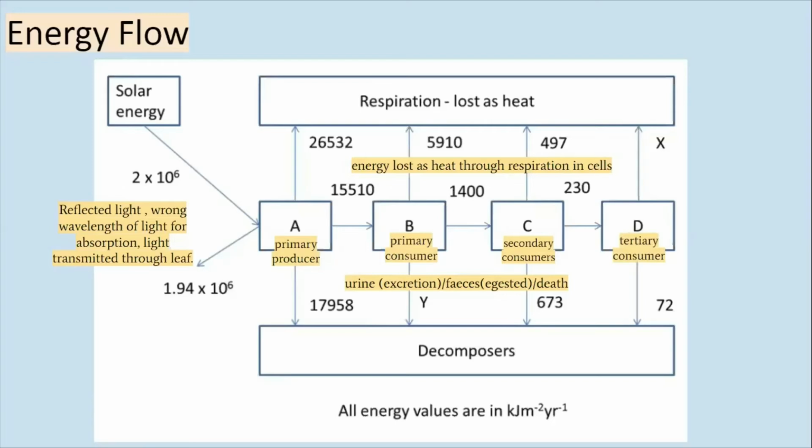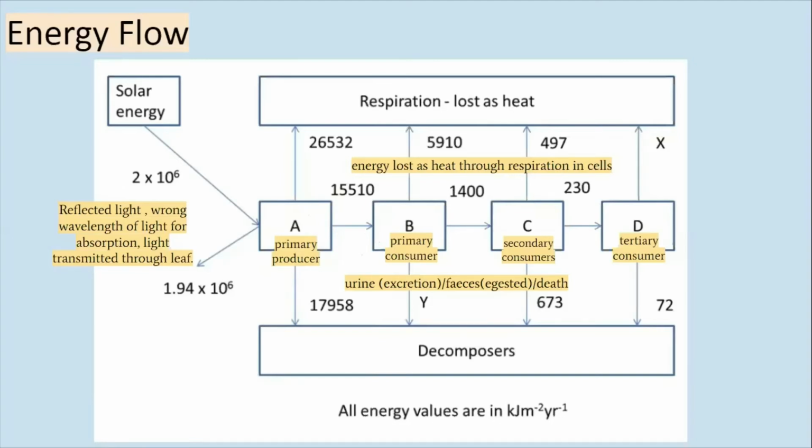If you look at B, the primary consumer, again, all the cells of this organism respire. So the glucose that is broken down will be converted to energy, ATP, but some of the energy is usually lost as heat to the environment. Now we know herbivores, for example, not all of the food they eat will be digested and absorbed.